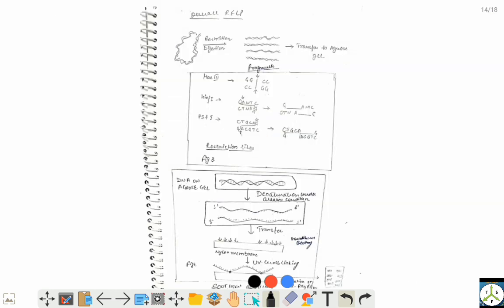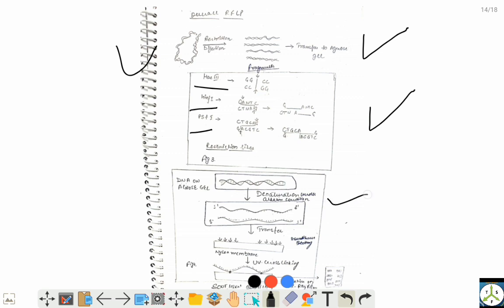Clear? So this is the diagrammatic view of the overall RFLP technique. Here we have the restriction enzymes. We cut the DNA with restriction enzymes, and these are the different enzymes: HaeIII, HinfI, PstI. These are the different restriction enzymes. Then we separate the fragments using agarose gel electrophoresis.